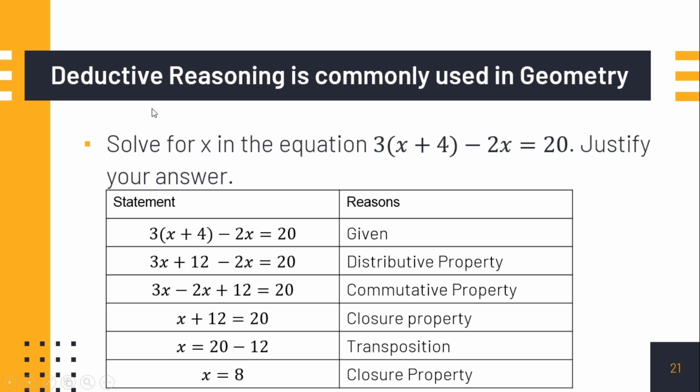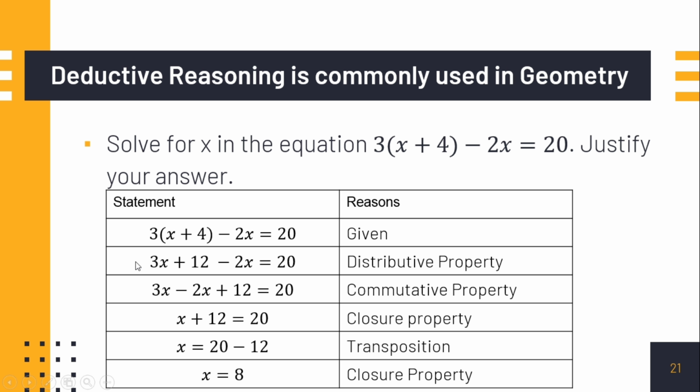So, this is an application of deductive reasoning, kung saan we're going to find the statement and reason. So, solve for x in the equation 3 times the quantity of x plus 4 minus 2x is equal to 20. Justify your answer. So, our first statement, of course, is the given.